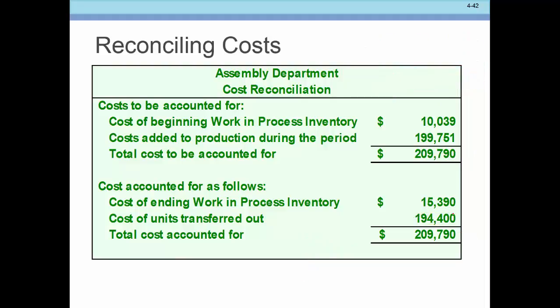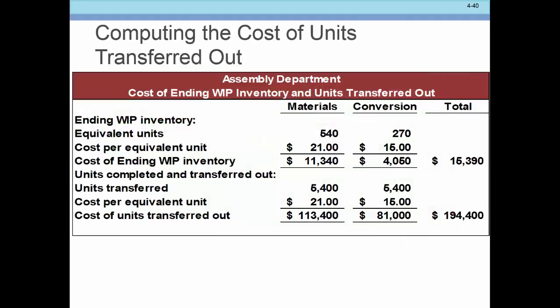Just quickly going back and looking at the previous slide, that 194,400 was done by taking the 5,400 units that I transferred out. I had to do it separately for materials and conversion, but that gave me the 194,400 that I need to transfer out of work in progress and into finished goods, right?